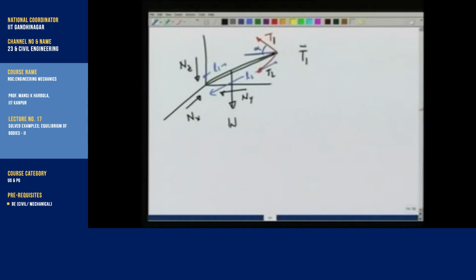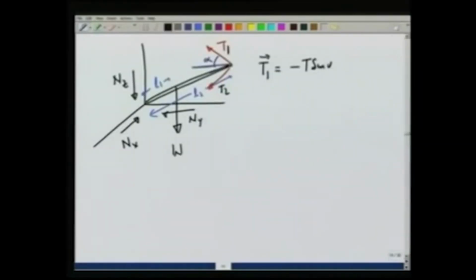T1 vector is nothing but minus T sin alpha i minus T cosine of alpha j, because the tension T1 has component in negative x direction and negative y direction.